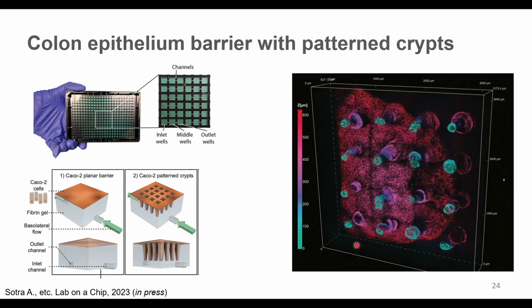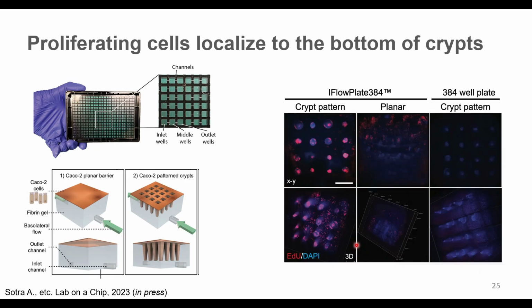Now, if we look at these tissues a bit more closely, here we labeled the proliferating cells with EdU staining, and you can see the proliferating cells are aggregating at the bottom of these crypts, which is what we want, right? That's the stem cell niche. But this process, it seems, is not just driven by the presence of this topography.